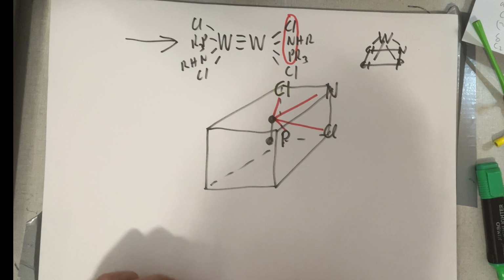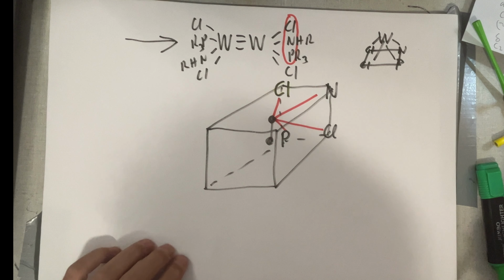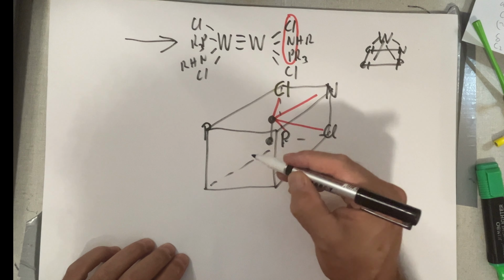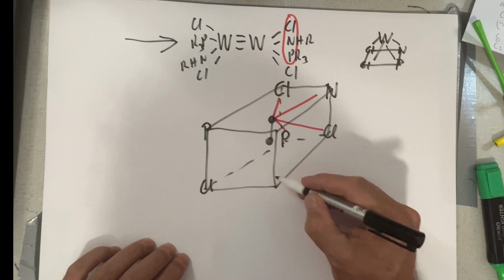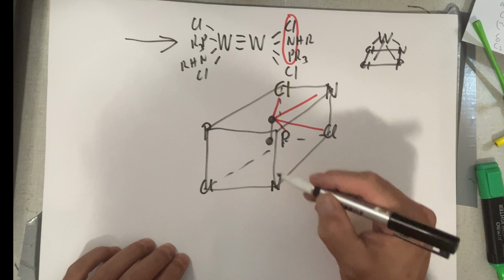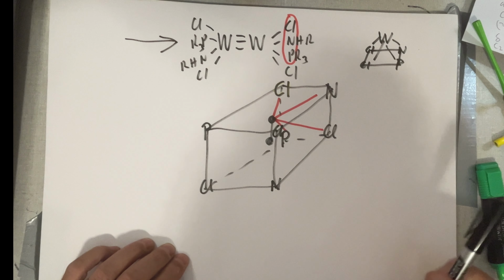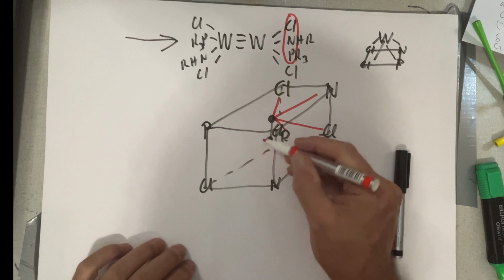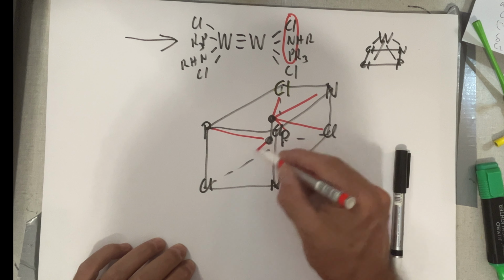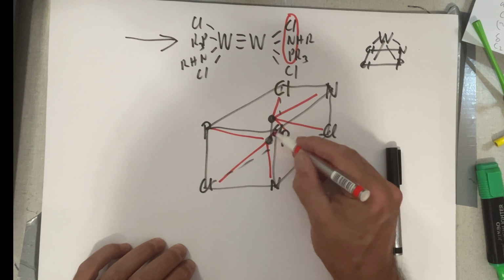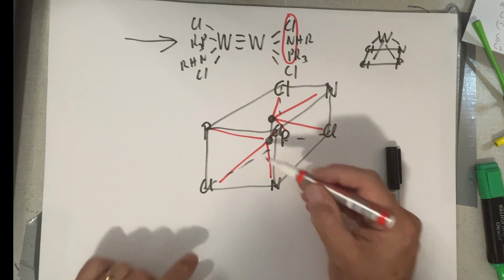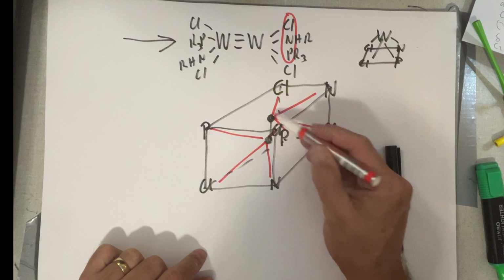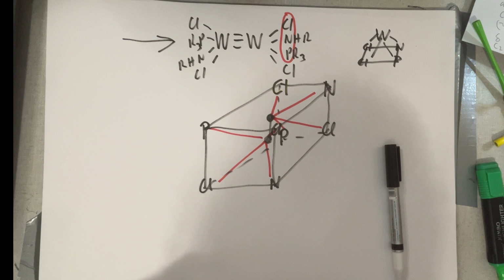If one looks at this one, the same applies. You can have a phosphorus, a chlorine, a nitrogen, and the chlorine. And so then this one will look like that. Remember that those two tungsten atoms sit right in the middle of the cube.